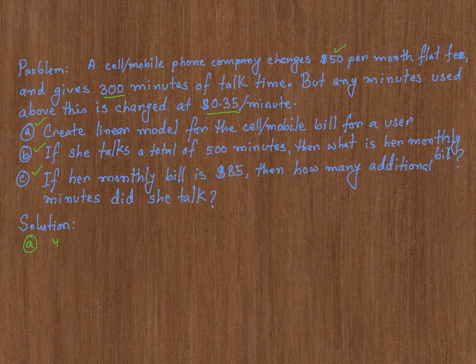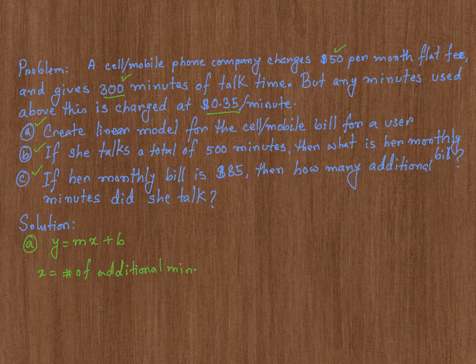So we are going to use the linear model y is equal to mx plus b. Here m is the slope, b is the y-intercept, and x is the number of additional minutes. Remember, this is not the regular minute. It's the number of additional minutes that she talks over 300.